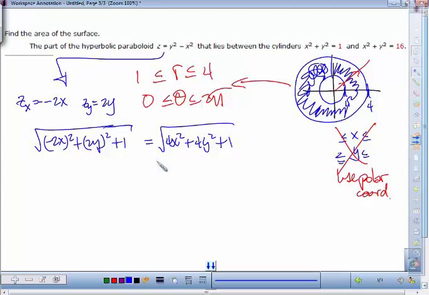Since we're moving towards polar coordinates, you look for x squared plus y squared so you can change that into r squared.